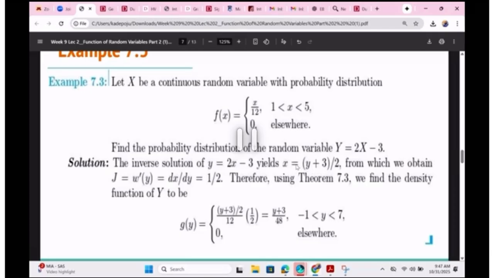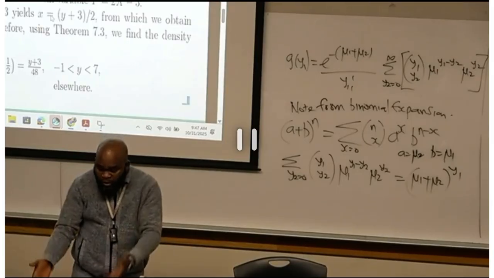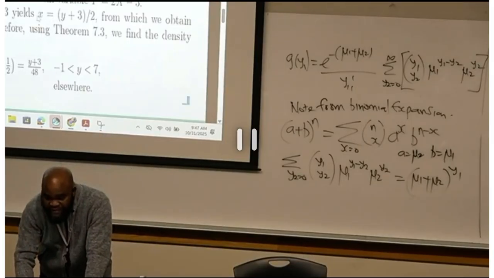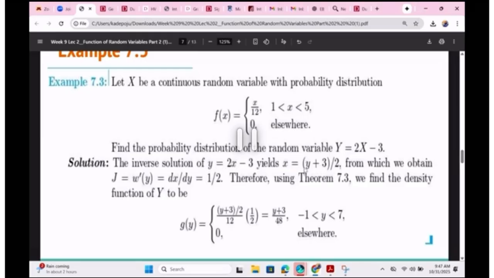After finding the inverse, I don't do the derivative when we talk about discrete. In discrete, using the method of transformation for one-to-one variable, after finding the inverse, I'm just going to plug the inverse into the distribution. I'm done. But for continuous, after finding the inverse, I will need to find ds/dy, which is the Jacobian.